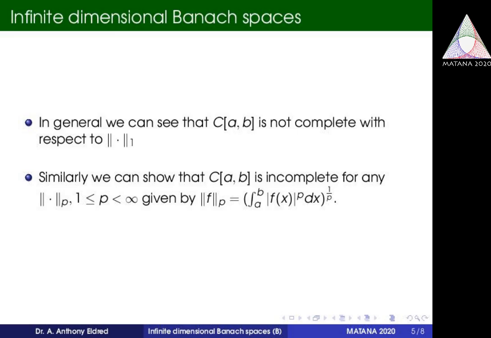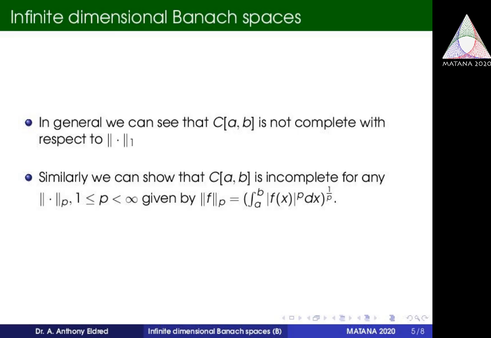So we can see that C[a, b] can be defined in any p norm. With respect to any p norm, C[a, b] will be a normed linear space, but the above discussion tells us that C[a, b] cannot be complete in any p norm.